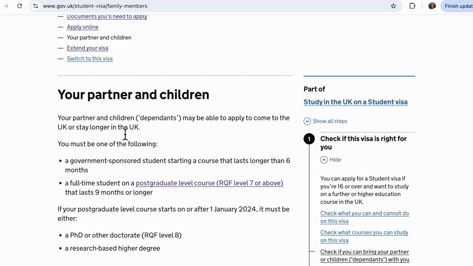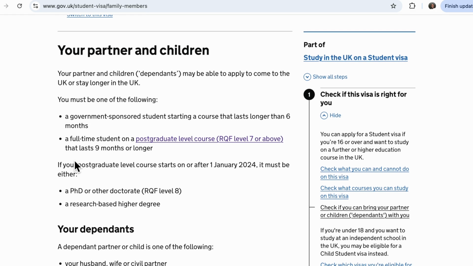They're saying a government-sponsored student studying a course that lasts more than 6 months, a full-time student on a postgraduate level course, level 7 or above, that lasts more than 9 months or longer. If your postgraduate course starts on or after the 1st of January 2024, it must either be a PhD or other doctorate or a research-based higher degree.